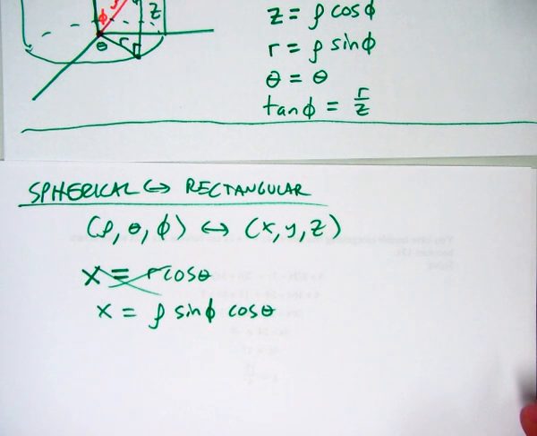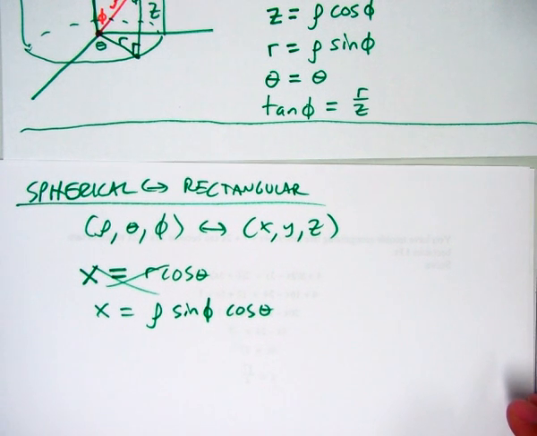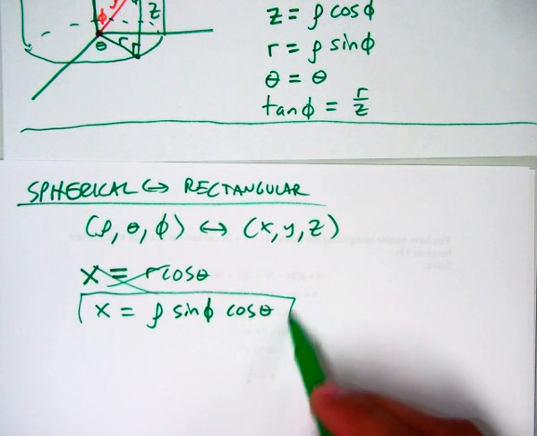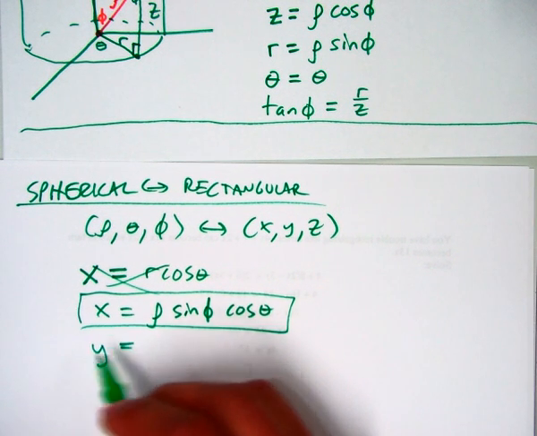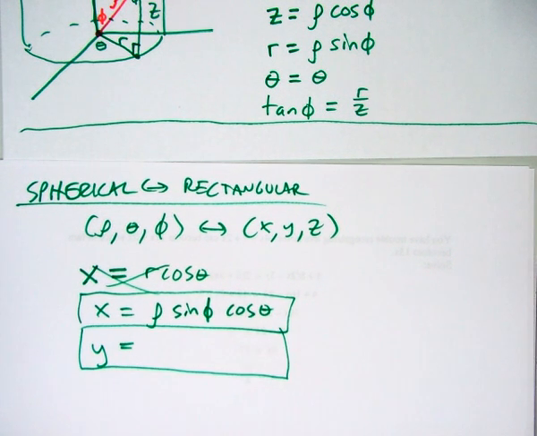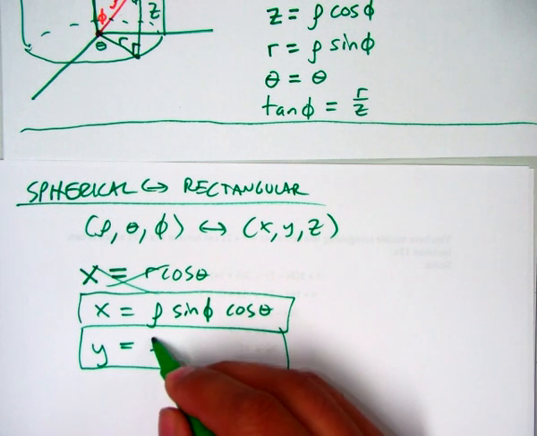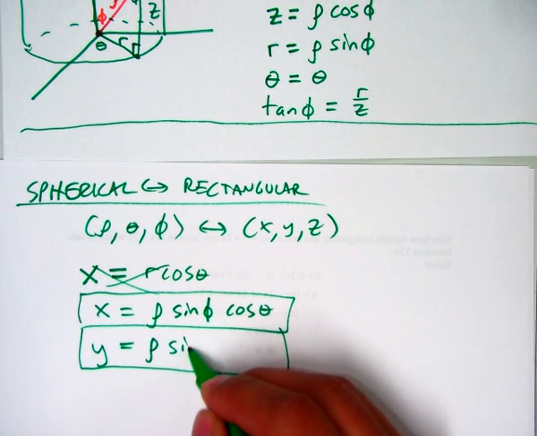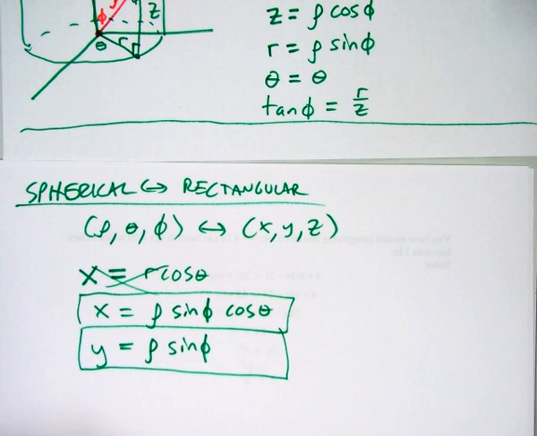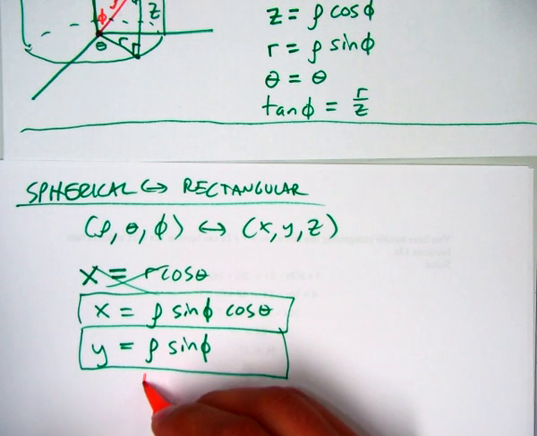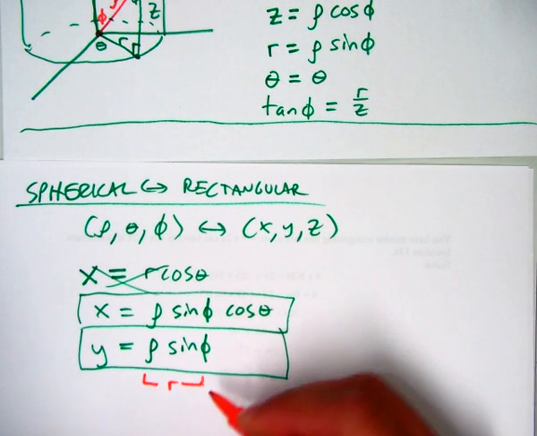Does that make sense? And we can do that with y. Normally y is r sine theta. But what's r? r is rho sine phi. Maybe I'll make that clear. So this part here is r, right?